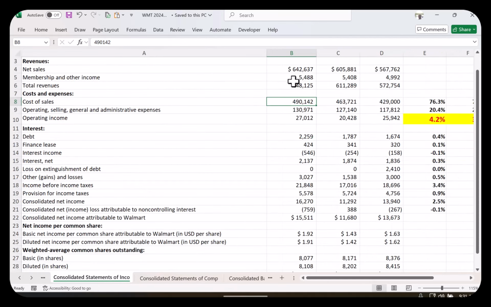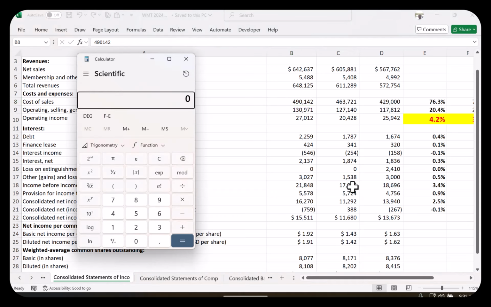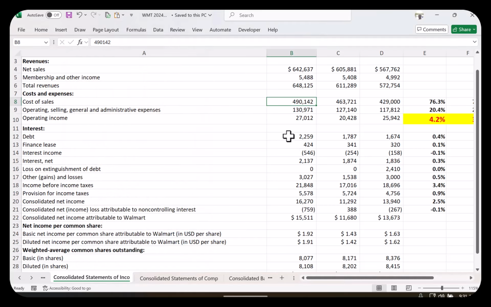And there's about 25% gross margin or about 4% operating margin. You know, for each $100 sales Walmart makes, they get to keep only about $4 before they have to worry about interest and taxes. I don't think it's that much different for Kroger.